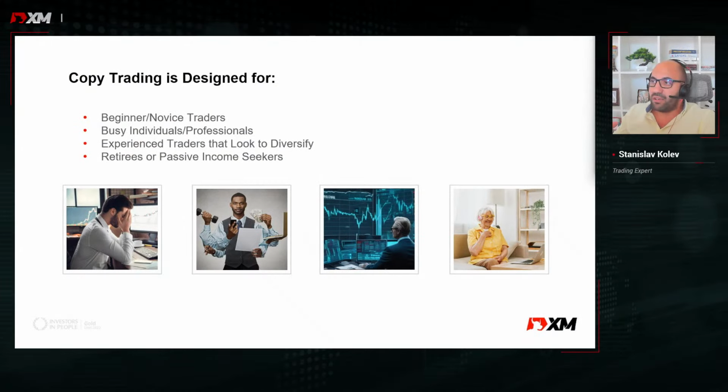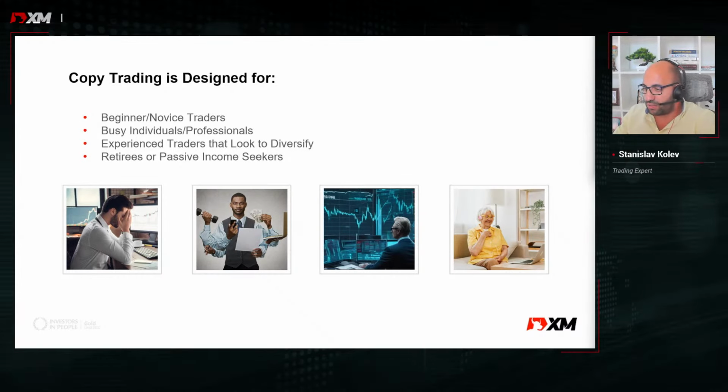This is for absolutely everybody. It depends on multiple factors. As I stated in the beginning, it depends on your risk appetite, how much you're willing to risk. It depends on your availability and your psychology as well. And also it depends whether you want to use it to diversify. If you're a trader already, for example, you might use it to diversify your current trading performance.